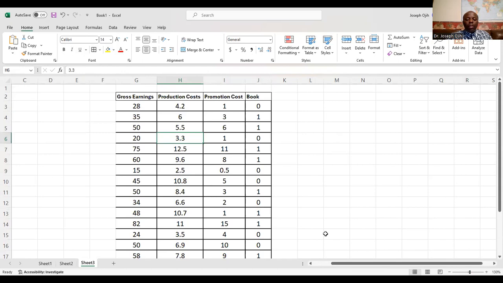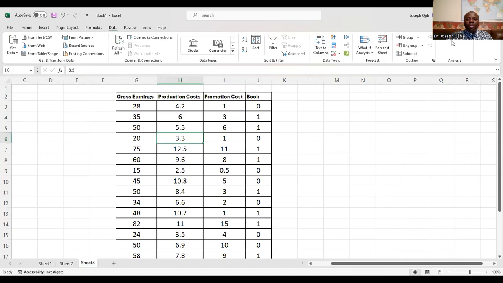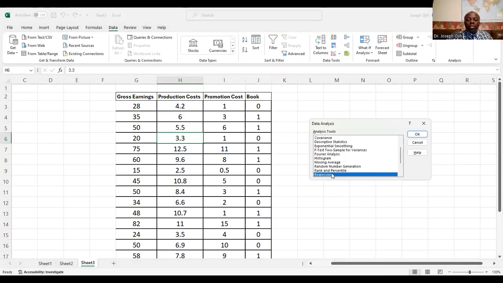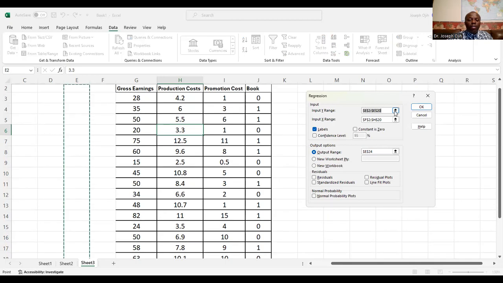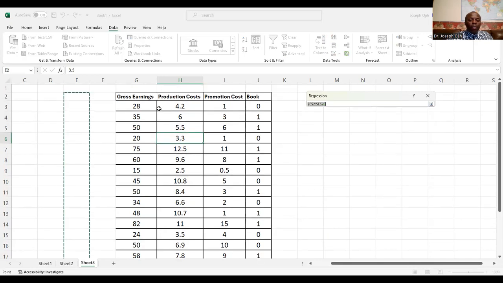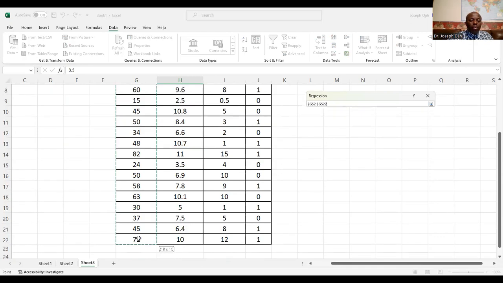Now we click on data, data analysis, choose regression. For the input Y range, I'm going to choose this. It's right here. I'll go to the last one.